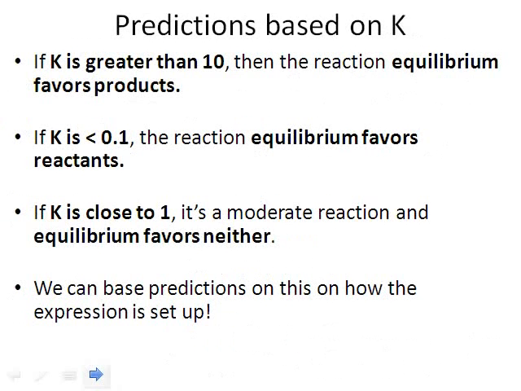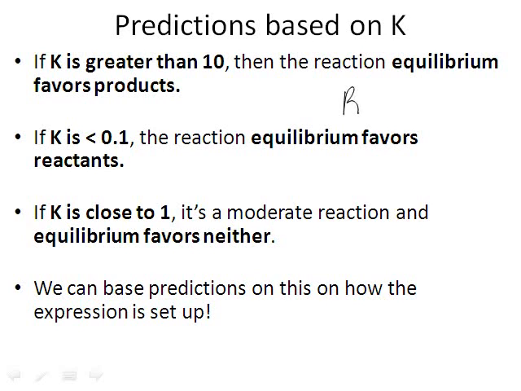All right, so we can write an expression. The next step is to fill in numbers and use these expressions to make predictions on K. So based on the magnitude or the size of K, we can decide whether at equilibrium we're going to have more reactants or products.